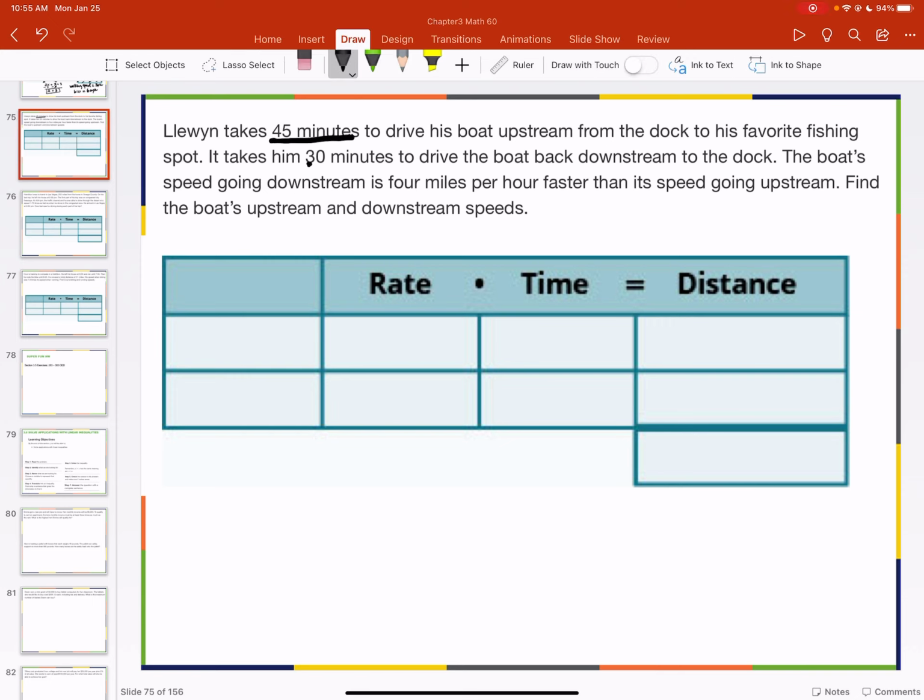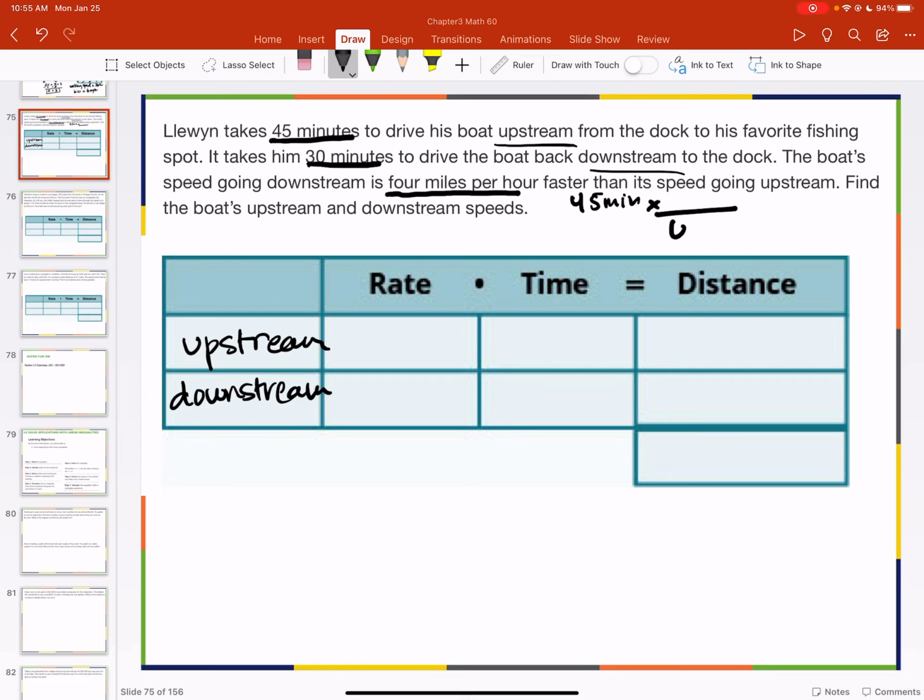So here's the relevant information. We have two situations. The boat's going upstream or downstream. Okay, so it takes 45 minutes, right? But the speed is in terms of miles per hour. So we need to convert 45 minutes to hours.